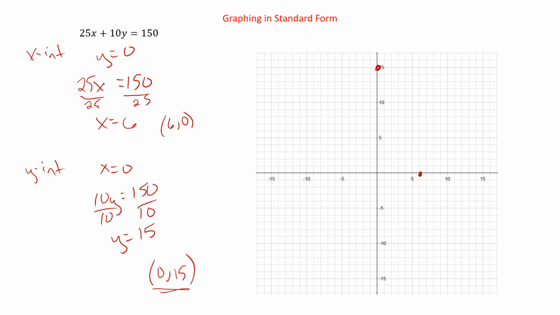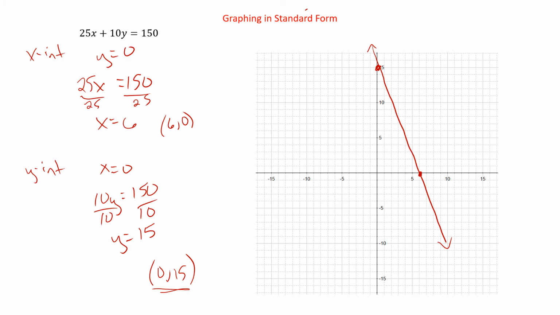And then we connect the dots using a straight line, which is easier said than done sometimes. That one's not too bad. Arrows both ways. And so we graphed it in standard form by just finding intercepts.